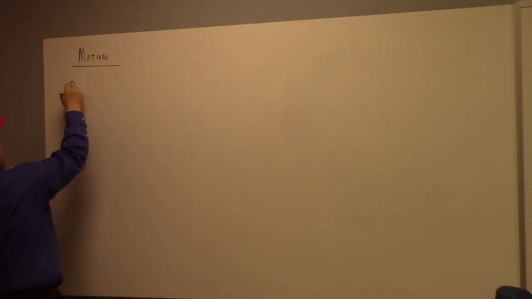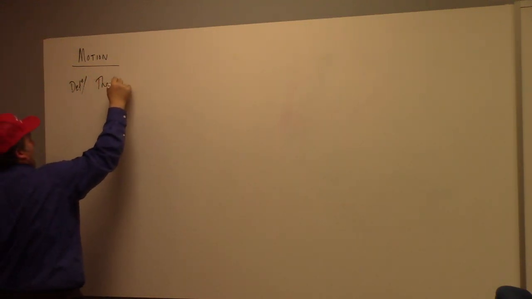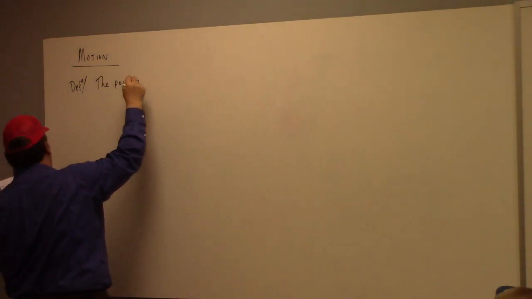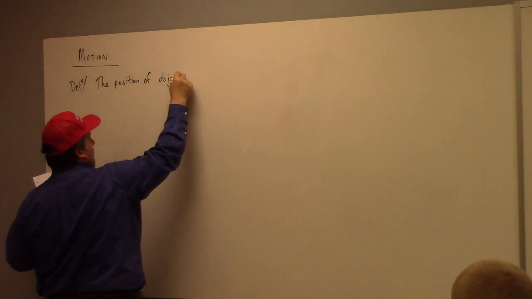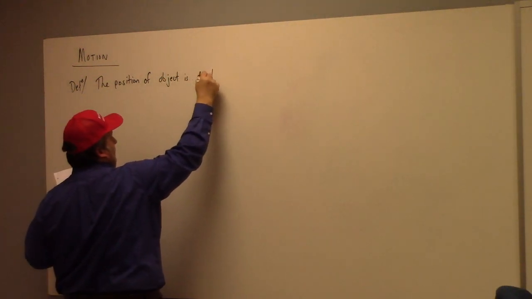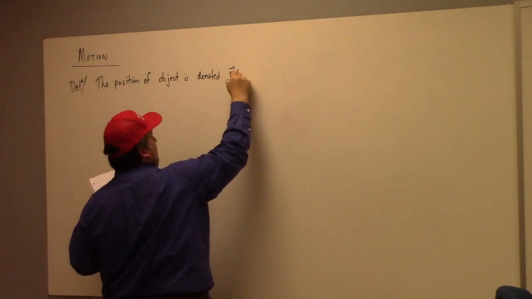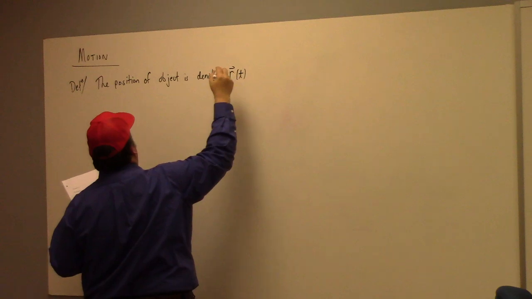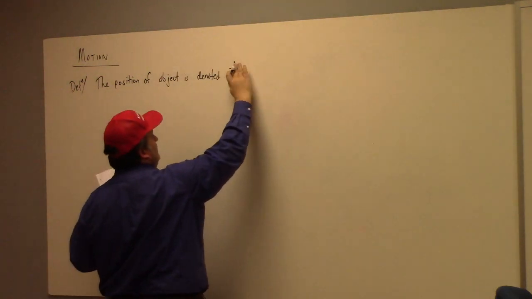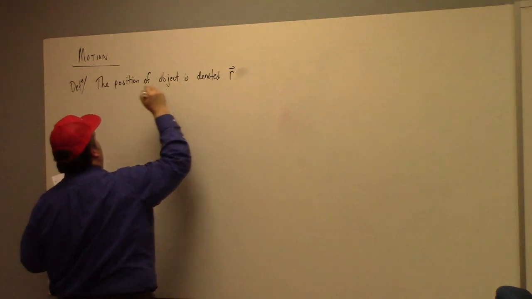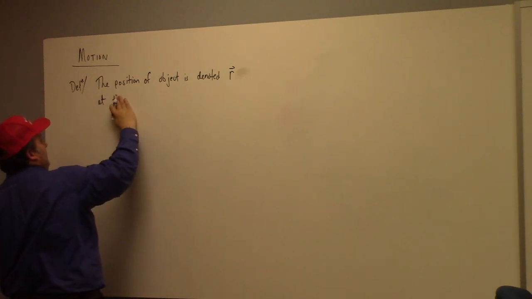So definition: the position of an object is denoted r of t, at time t.